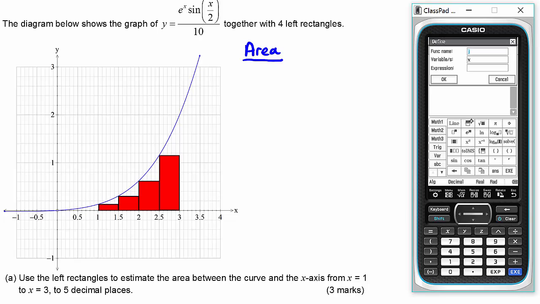We'll call it f, and the expression is going to be one-tenth of e to the x multiplied by sine of x divided by 2.